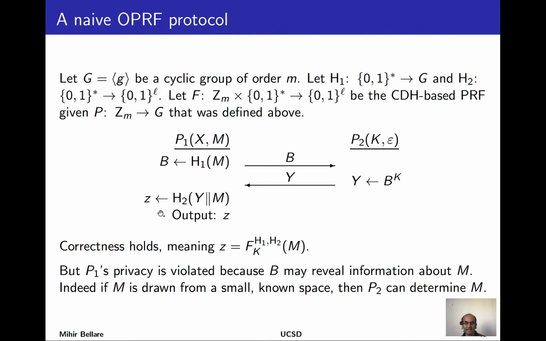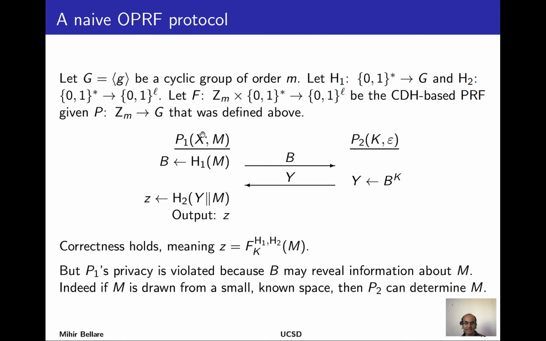So let's try to build this thing. And we're going to do this for the particular example PRF that we had before. So we fix our cyclic group with generator g, the group has order m, we fix our 2 hash functions, and f as before is the functionality. Remember what it does is that it hashes the message to get a group element, raises that to the power the key, and then hashes again.